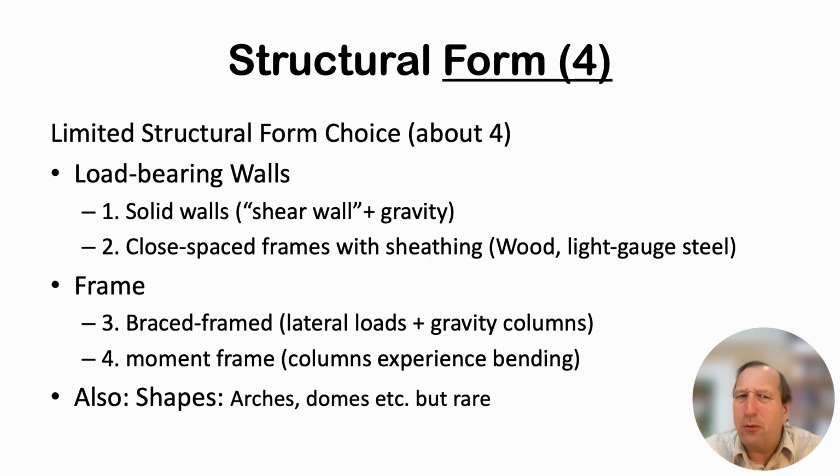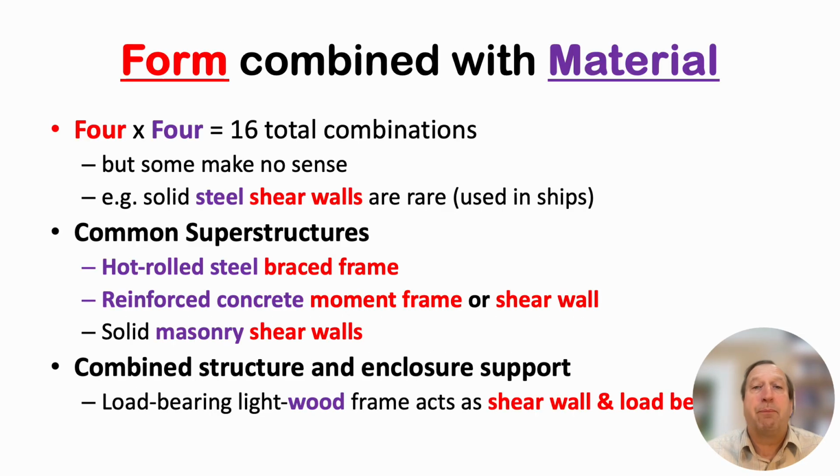There's a few other ones like tension structures, inflatable buildings, arches, domes, but these are pretty rare. It's not that they're unimportant and uninteresting. In fact, they're very interesting. It's just that we don't use them a lot because they have lots of limitations about how we can use them.